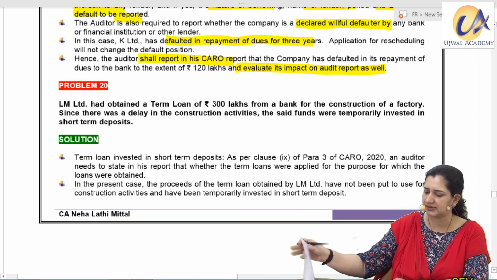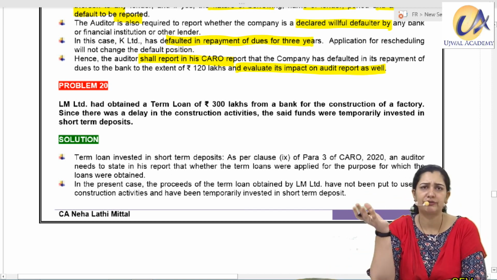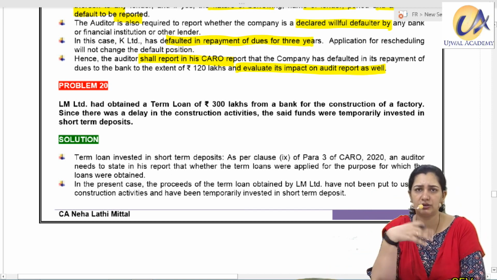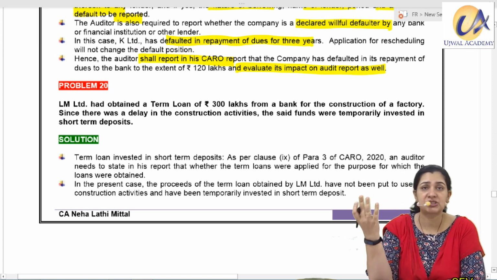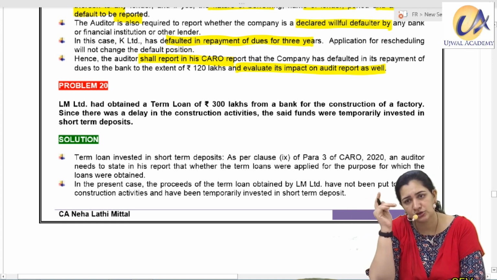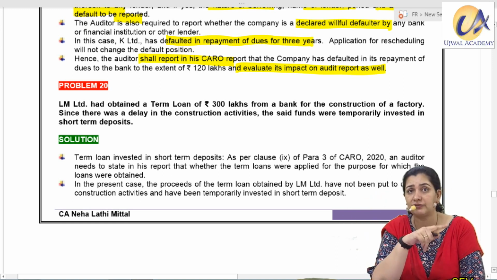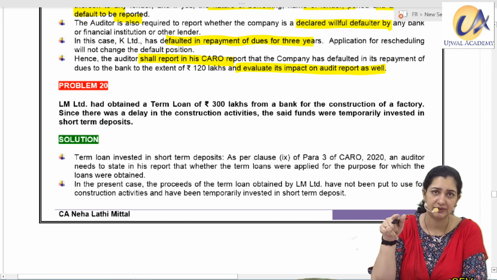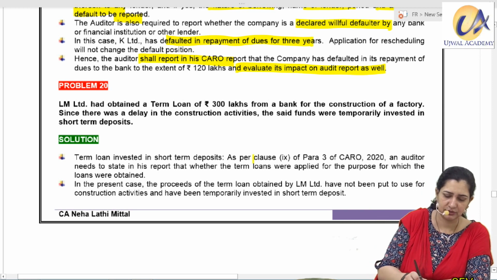Not used for the purpose, correct? Suppose I ask you a question, if a company has taken a loan, used the overdraft to buy machinery, then also same clause, right? Because in that clause, even short-term funds used for long-term purpose is given. So even the same point will be covered. Okay, so it is again clause 9 of CARO.